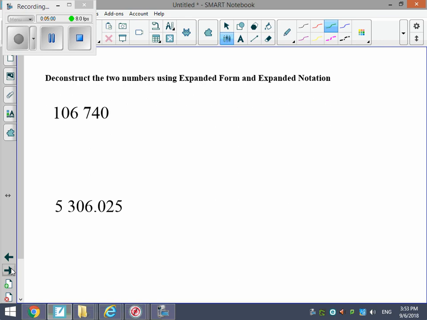It wants you to take this one and put it in expanded form and expanded notation. I don't think people are going to have a problem with that one. But here is where some people today started to say, I'm not quite sure how to represent that in expanded form or expanded notation.